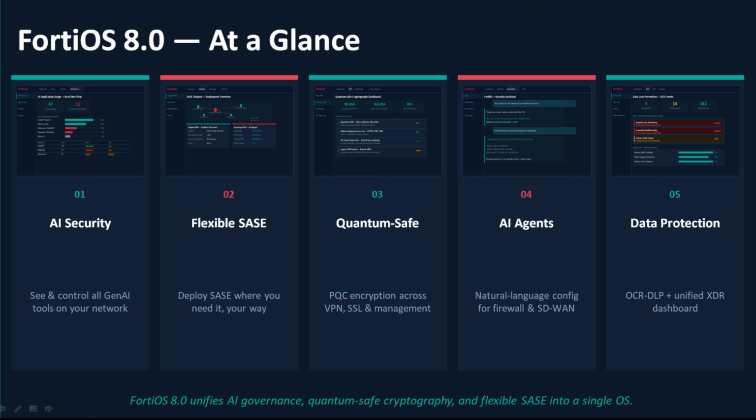We talked about the AI agent, so you can use natural language config for firewall and SD-WAN. And finally, we talked about data protection, with the help of OCR data loss prevention and the unified XDR dashboard. Those are all the new features that came with this version of FortiOS 8.